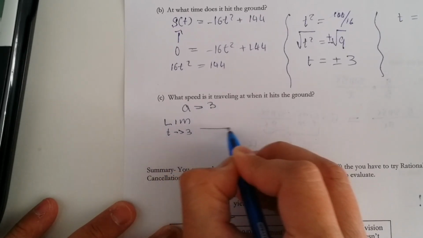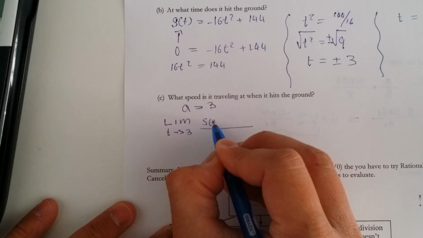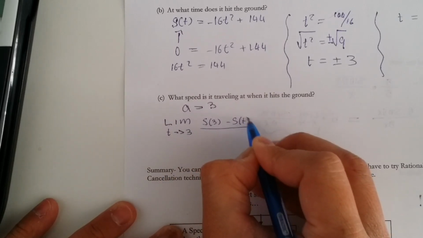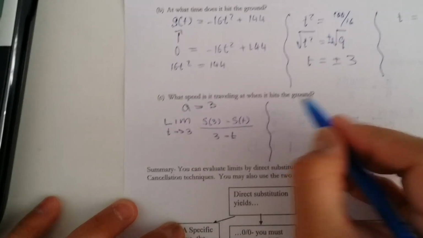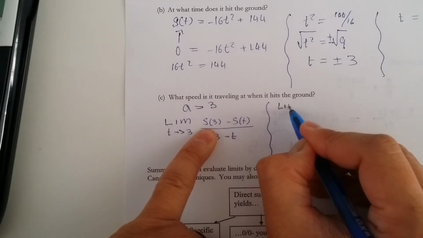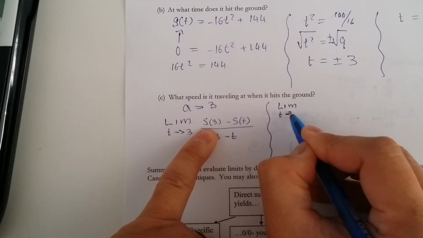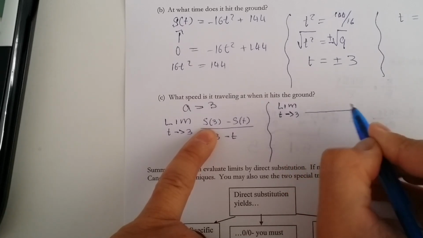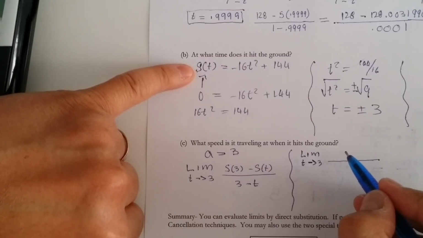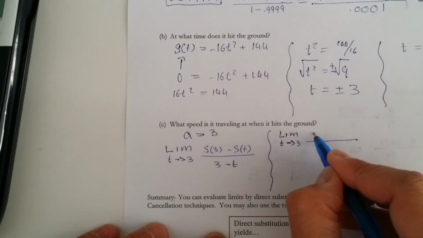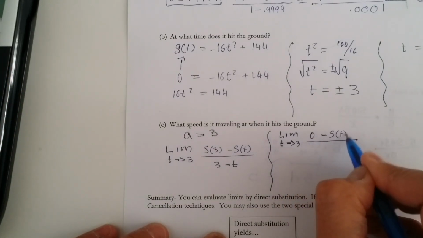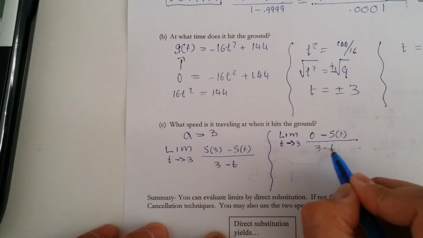This is the formula for us to find speed. We know that s of 3 equals 0 because we found that the height is 0 when t equals 3. So we plug that in there and leave this alone.